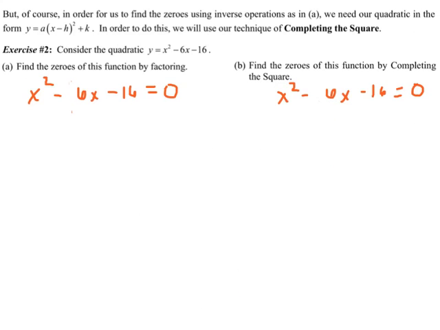All right, here we go. On number 2, we are going to do one by factoring and the same thing by completing the square to get the idea. So we've got the x squared right here. It's a trinomial. Everything's on the left side. I see that there's no GCF, so I'm going to go with 2 sets of binomials. We know x squared is x times x. I will bring down that first sign as a minus.